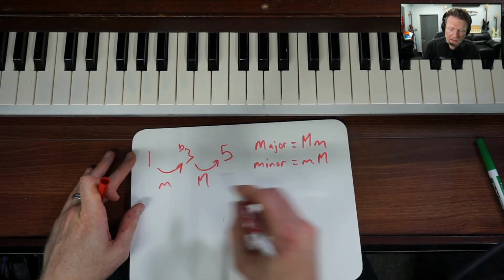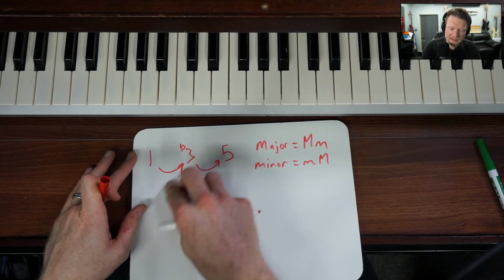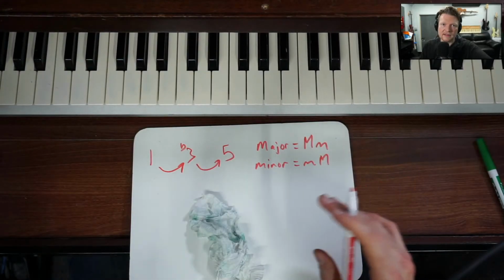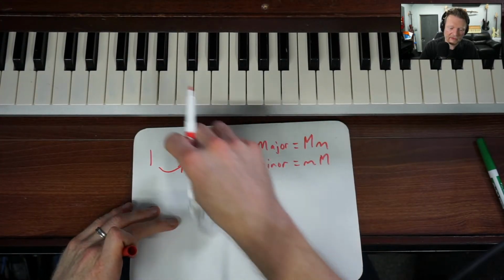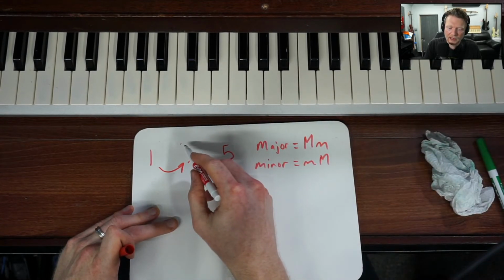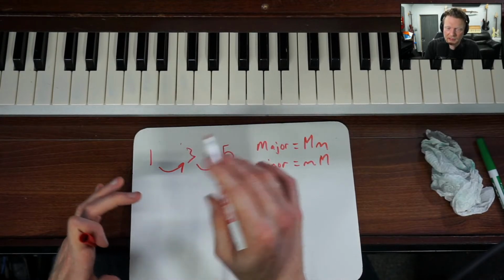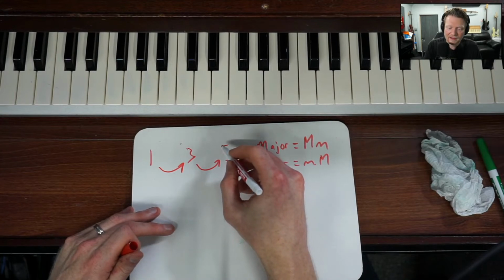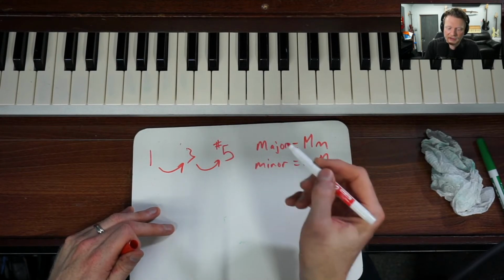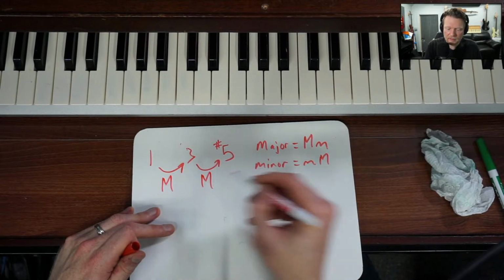And then here's something interesting. The augmented, augment means make bigger. An augmented chord is still based on thirds. It's still based on the 1, 3, and 5, but we're going to raise the, I'm sorry, no, I apologize, we're going to raise the 5th, which is going to be a sharp 5, which turns this into major.